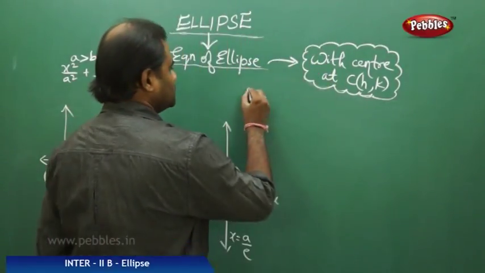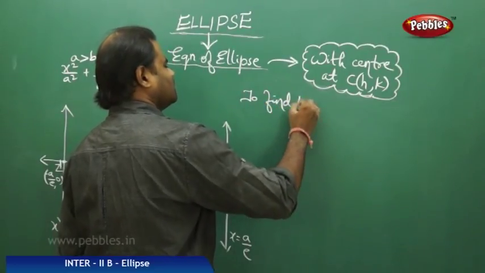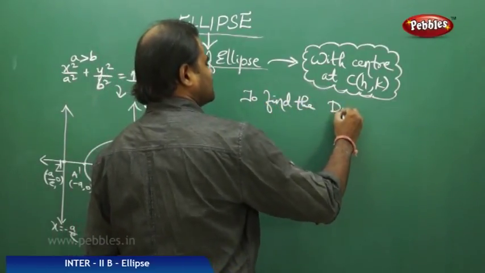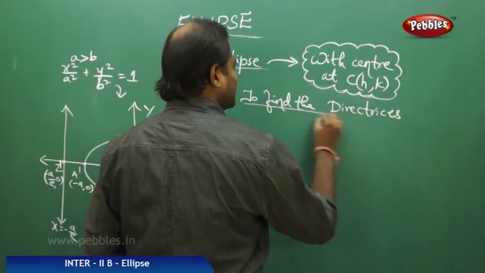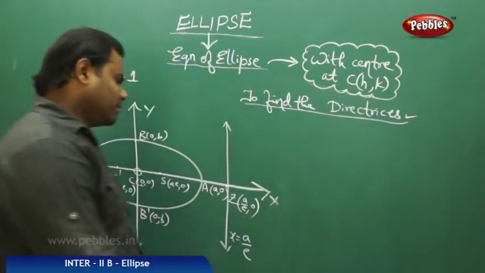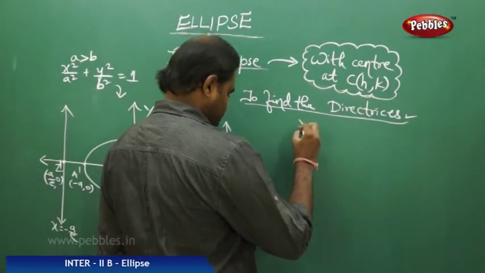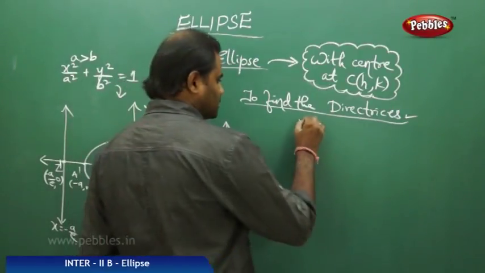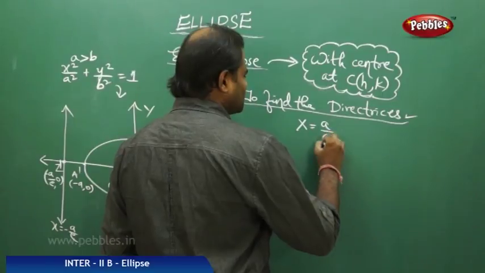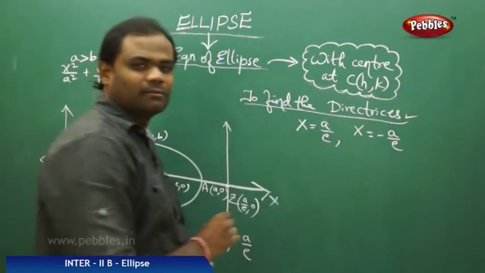Now next, to find the directrices L and L dash. I have my equations of directrices x equal to a by e and x equal to minus a by e.